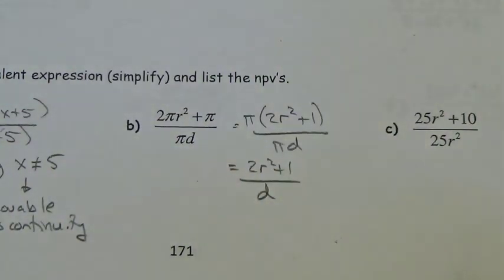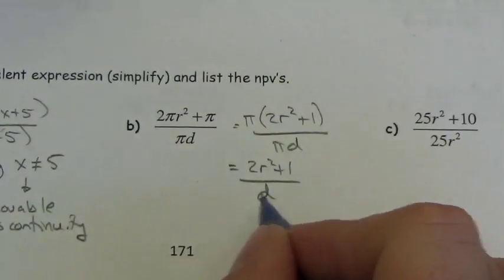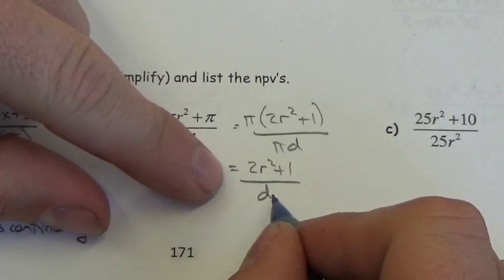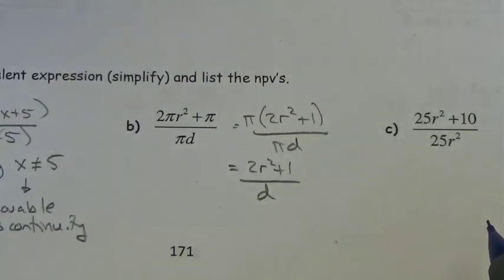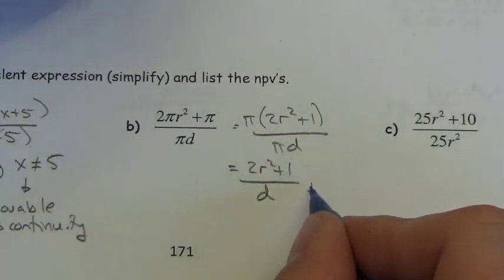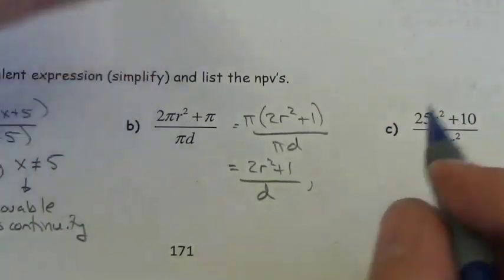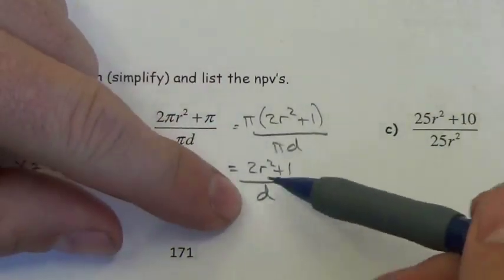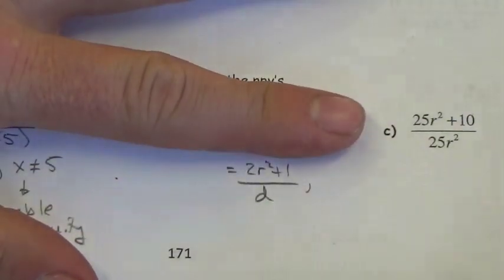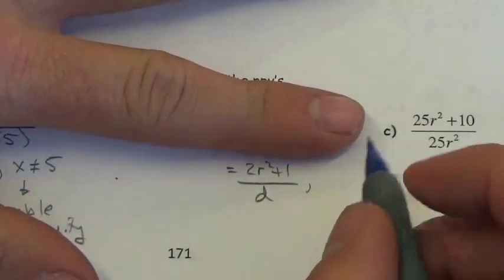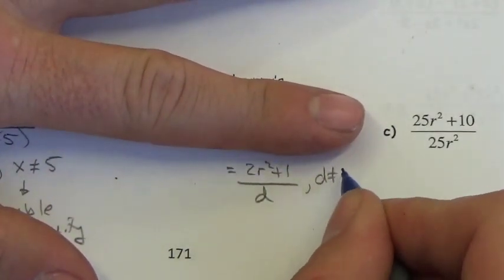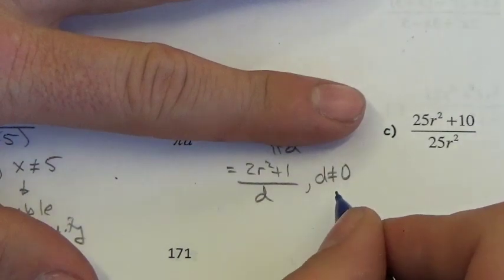Now, I could state at this point here that d cannot be equal to 0. That's a non-permissible, but it's not necessary to state it because I can already see right now that d is in the denominator. I know that d can't be equal to 0. So it's not necessary to state this.